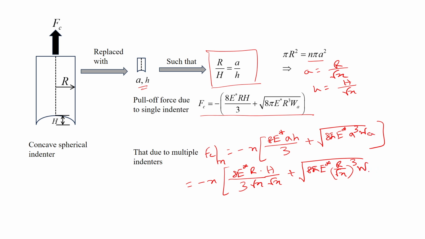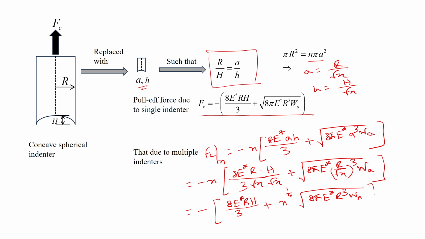So what I will have is equal to minus 1 upon n, n gets cancelled, so I get 8 E star R by 3 and H here, plus here it is n times 3 by 2, that is n to the power 1 by 4, into 8 pi E star R cube W A.